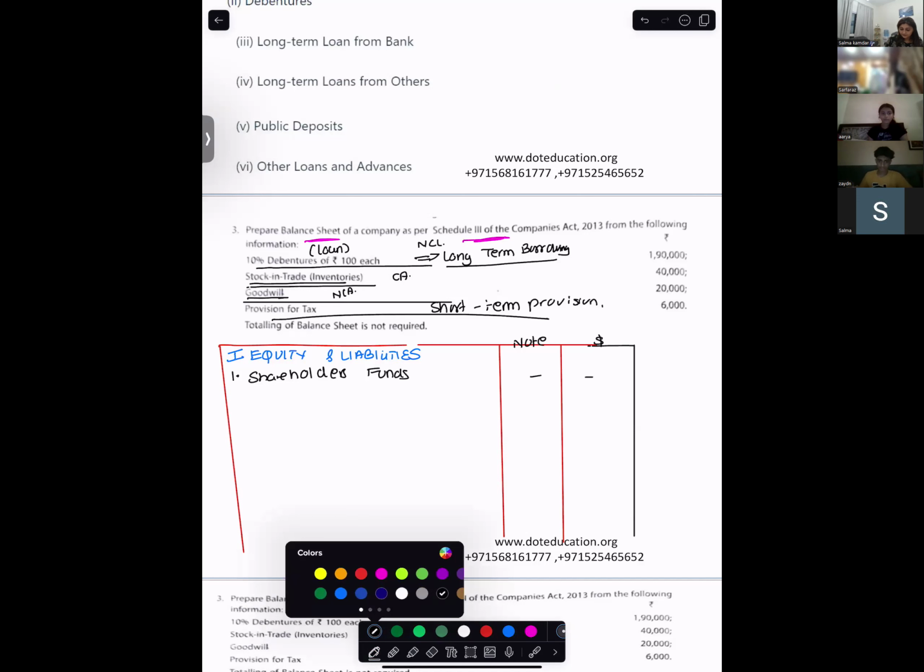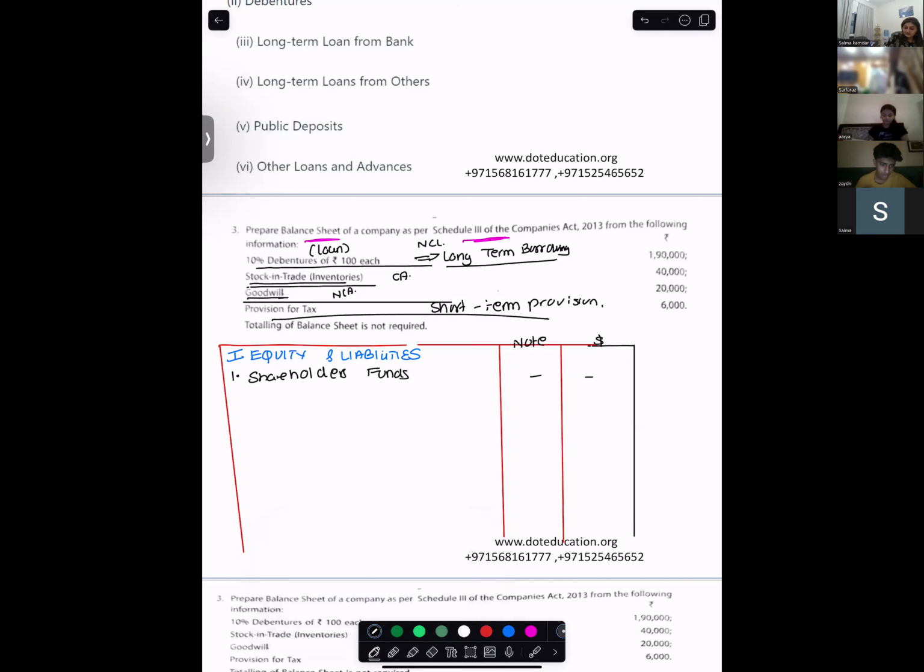Number 2 is share application money pending allotment. Do you see any amount in this? No, miss. So dash.